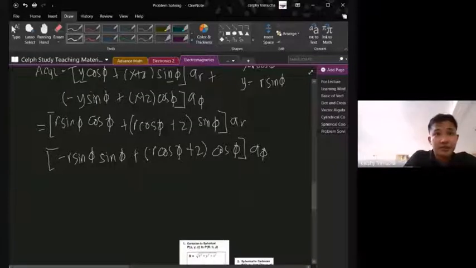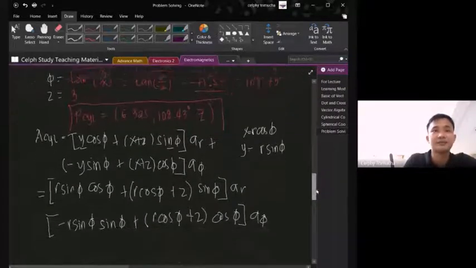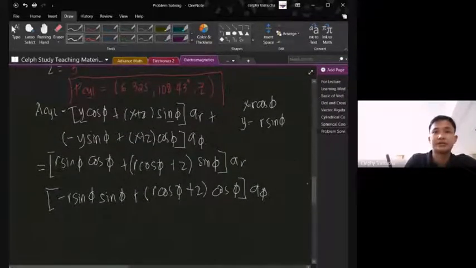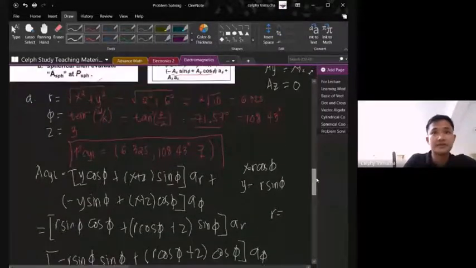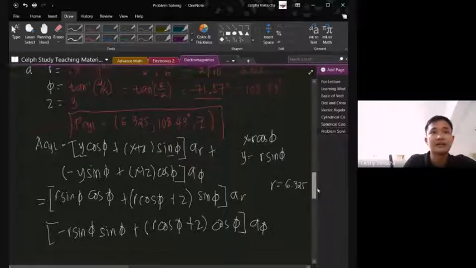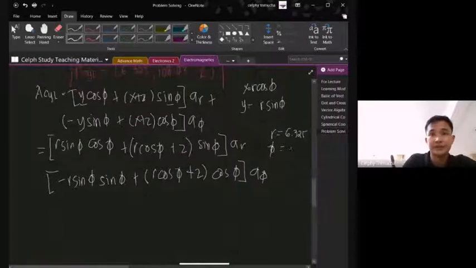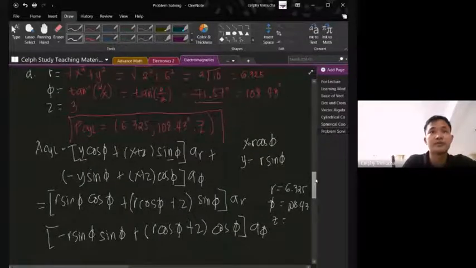Okay, so we need now to substitute na sa ating mga values. So copy ko liwat ang r naton is 6.325. Then aton nga theta or ang aton nga angle is equal to 108.43. Z naton is equal to 3.